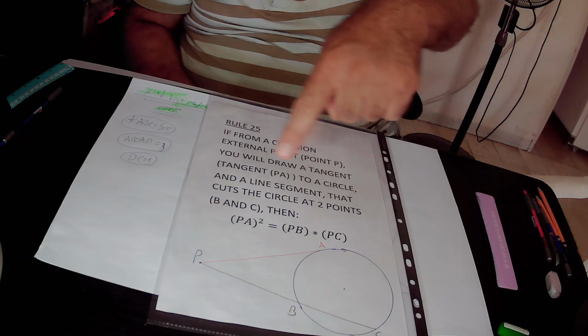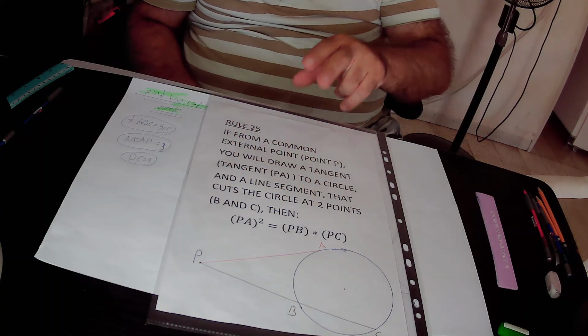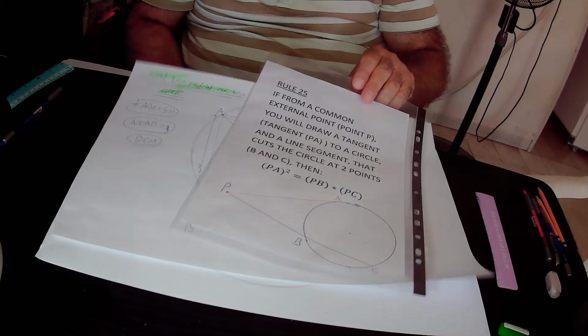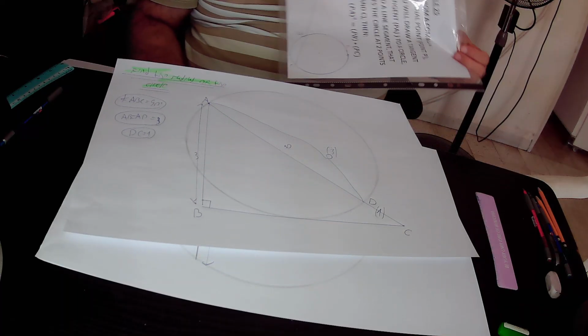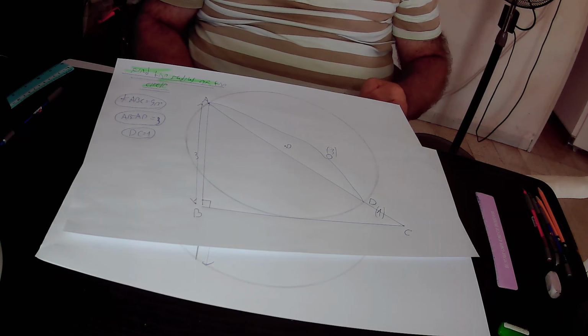Again, PA square equals PB times PC. So we can implement rule 25 in our drawing.